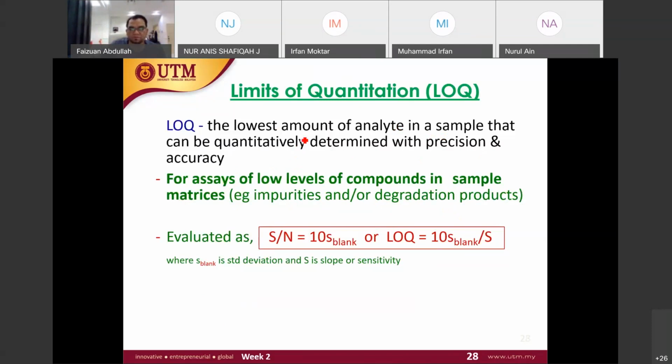Remember, the lowest amount of analyte in a sample that can be quantitatively determined with precision and accuracy. So what formula? S over N equal to 10, or LOQ is equal to 10 times the standard deviation of the blank divided by the slope.